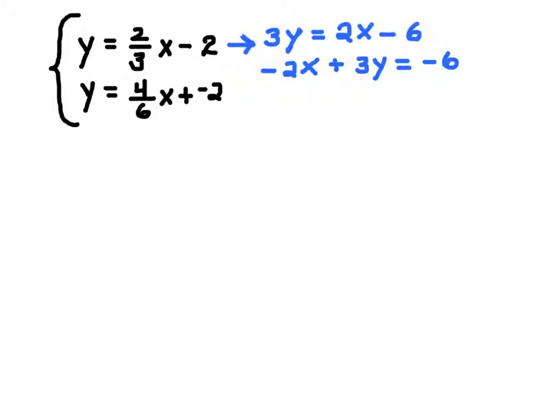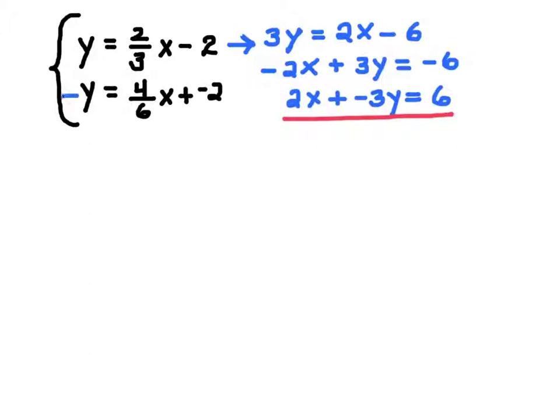Well, we almost have it in standard form of ax plus by equals c, except our a value is negative, and it's not allowed to be negative, so we have to multiply everything all the way across by a negative sign, giving us 2x plus a negative 3y equals 6. So let's put a line under this. This is standard form, which is ax plus by equals c.